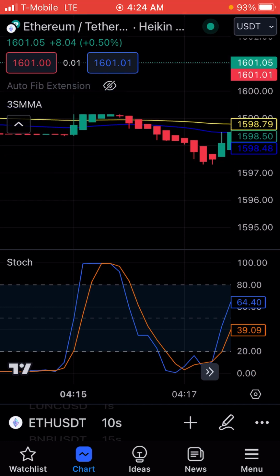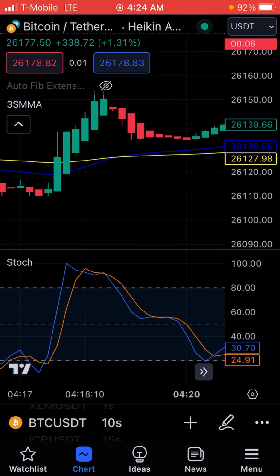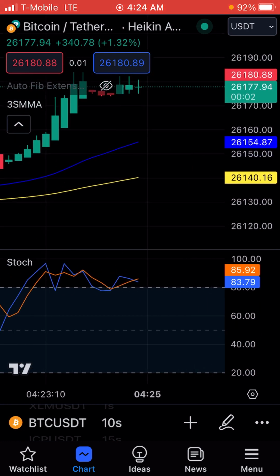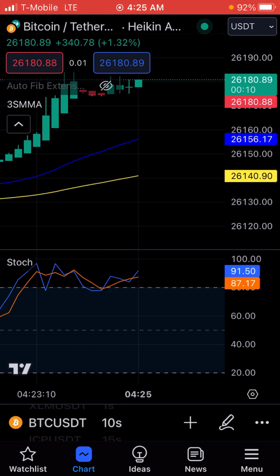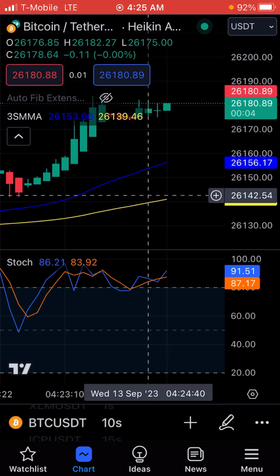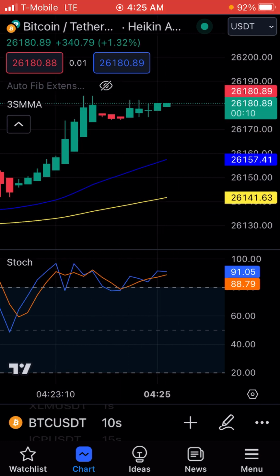Let me go back to Bitcoin because I kind of want to show you guys one other strategy when it comes to this. Now, this is going off of a strategy that a lot of people talk about, and this is the stochastic. And that's basically when your stochastic flatlines, and then it kind of makes a little snake.